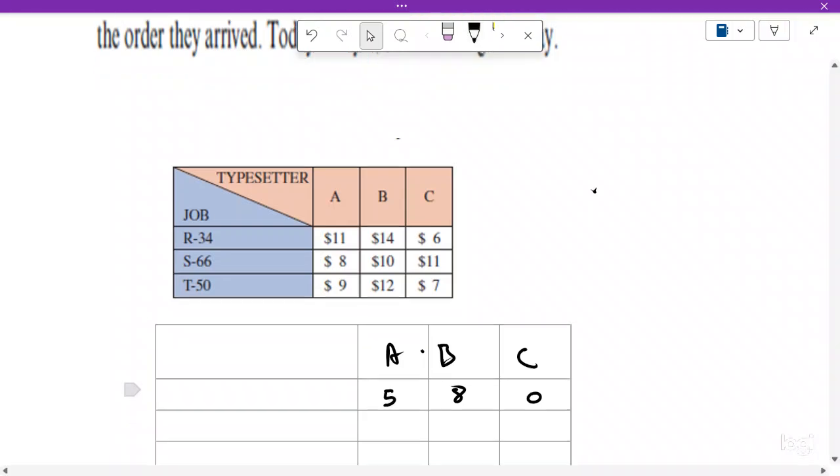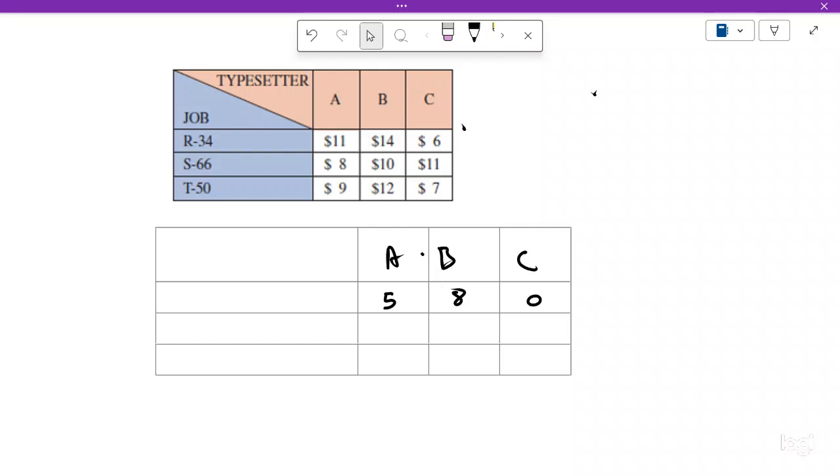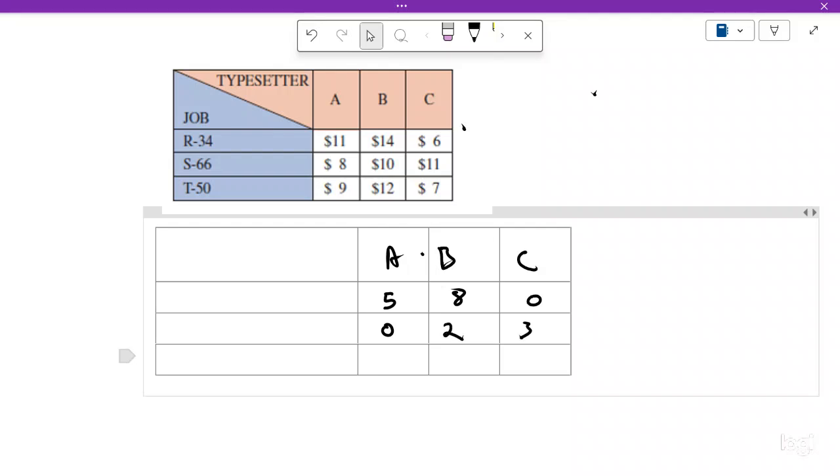Okay. Then you repeat again the same method. For this one, what is your smallest? It is 8 again. 8 minus 8. 8, 10 minus 8. Then 11, 3. Then the smallest is 7. 0, 12, 5. Then obviously fill up the details here.